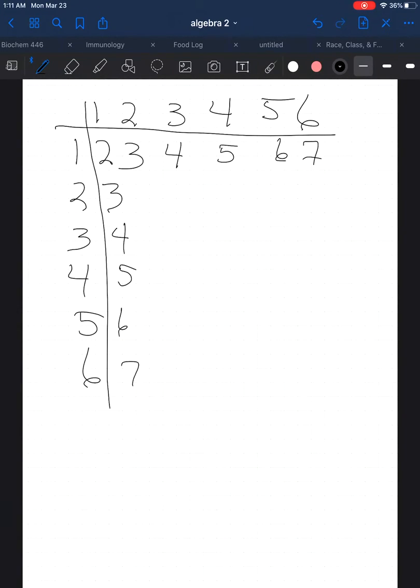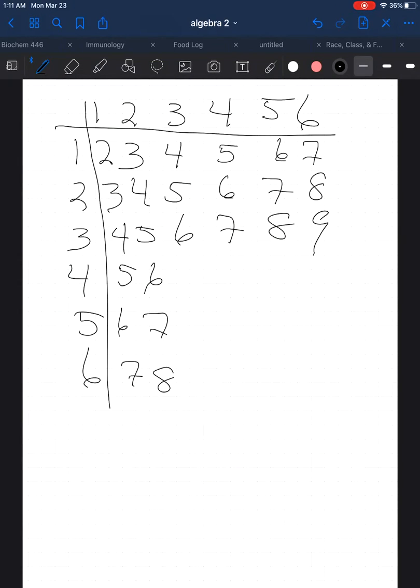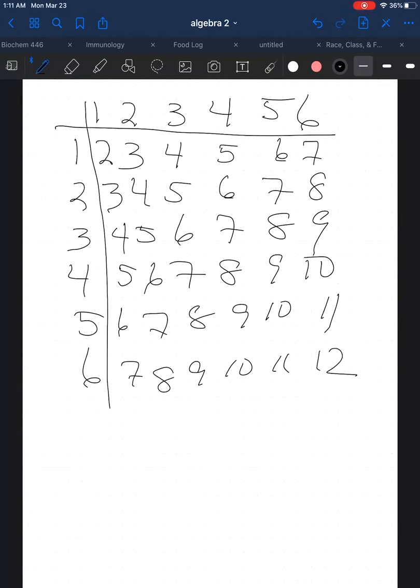Same thing happens here. 3, 4, 5, 6, 7. 2 and 2 is 4, 5, 6, 7, 8. 5, 6, 7, 8, 6, 7, 8, 9, 7, 8, 9, 10, 8, 9, 10, 11, 9, 10, 11, 12. And you'll know you did it right if you end up with a 12, because if you get double sixes, the most that you can get is a 12.